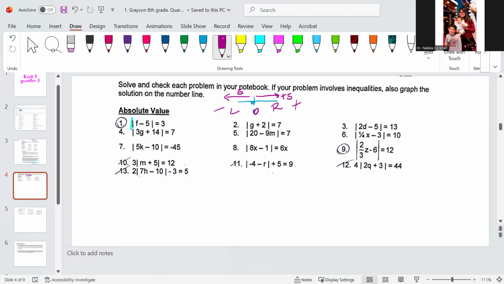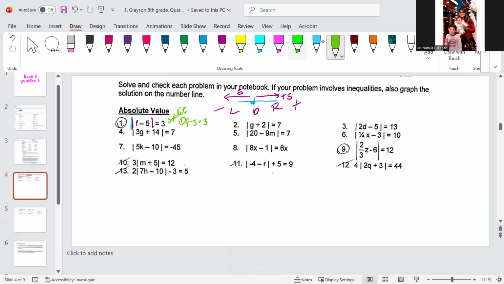Do you see that? So when you do this, do you see how there's nothing outside of the absolute value bars? Do you see the purple bars right there? Are there any numbers outside of those bars? Not that 3. The 3 is on the other side of the equation. So then what you do is you split it. The first one you split is f minus 5 equals 3. Nothing changes, correct?